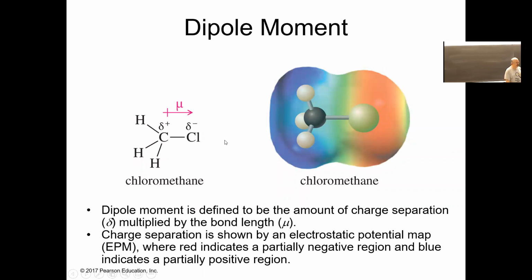Okay, here's chloromethane, and chloromethane is polarized toward the chlorine. We can see that from the electrostatic potential map, where red indicates a high electron density. On the other side of the molecule, we have a low electron density.